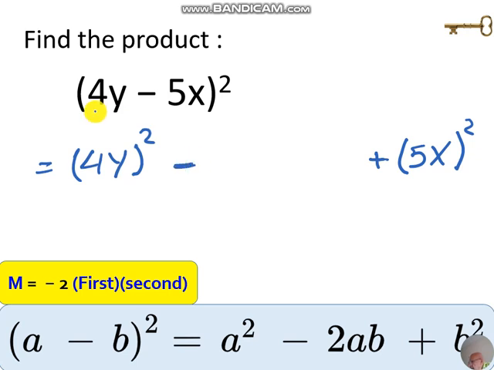I multiply the first times the second, 4 times 5 gives 20xy, and you multiply it by 2.